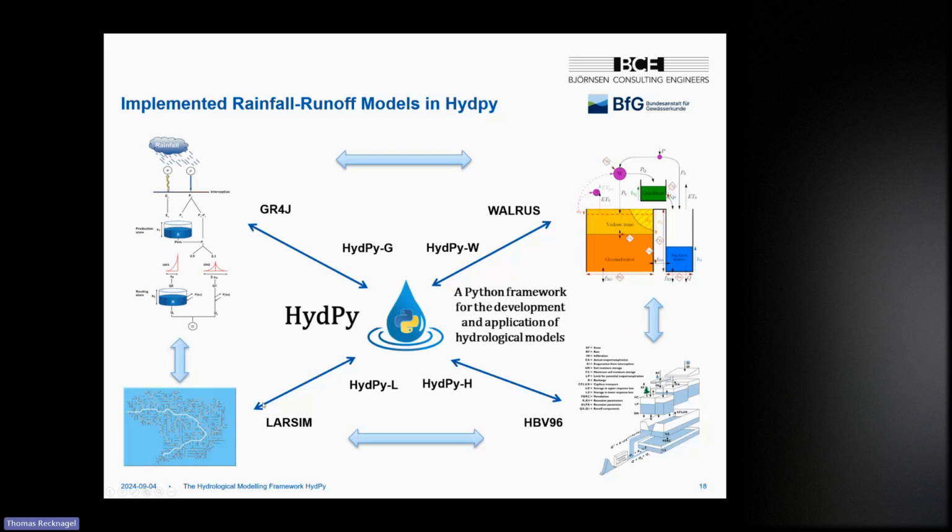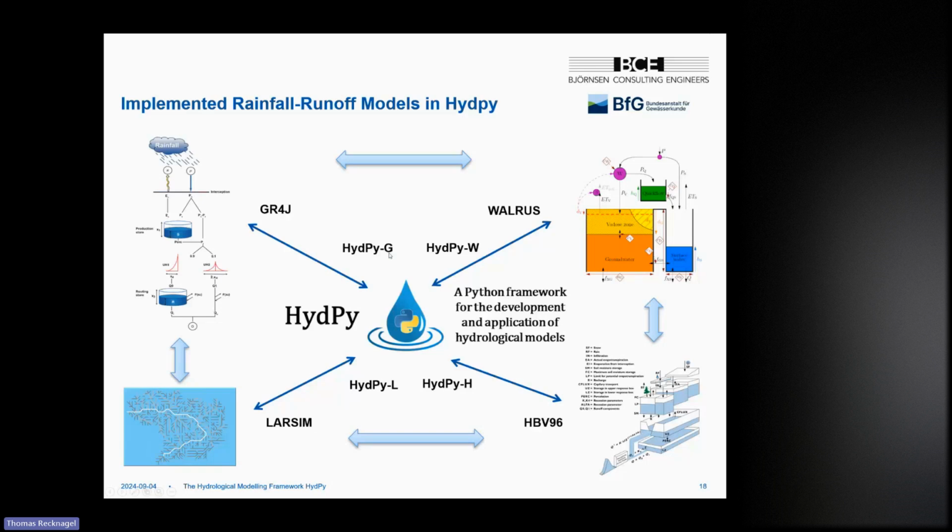There's another hydrological modeling system that is quite popular in Germany and German-speaking countries, LASEM. We also have a HydPy-L that already has a lot of the functionalities of the LASEM hydrological modeling system. And also the French model GR4J is implemented in HydPy.